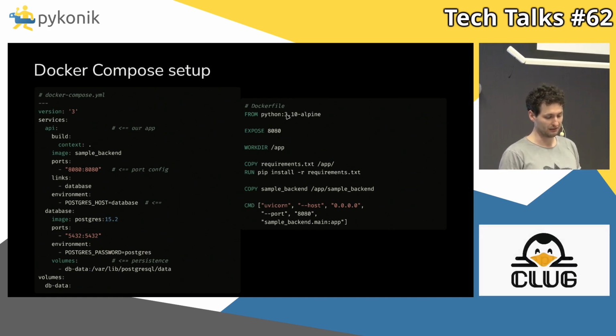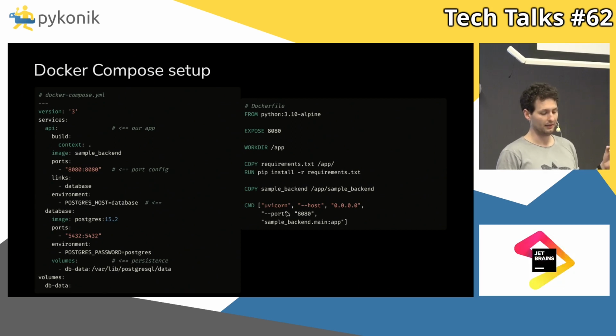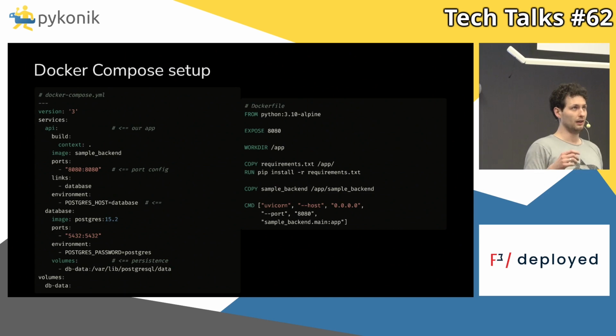About the Dockerfile, not much there. It's basic stuff, copying over the code, installing the requirements. Well, actually, this is copying over the code, and this is running a local HTTP server. It's running Uvicorn because the application is using FastAPI as the backend framework.